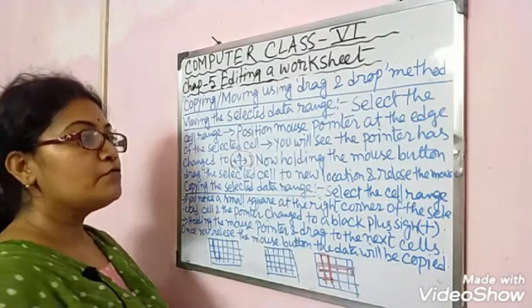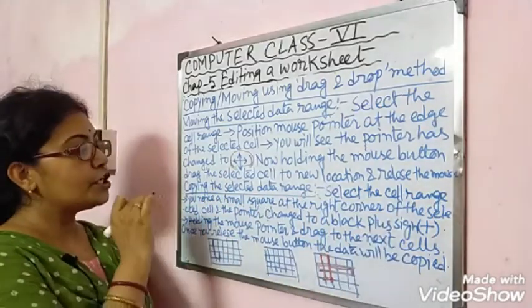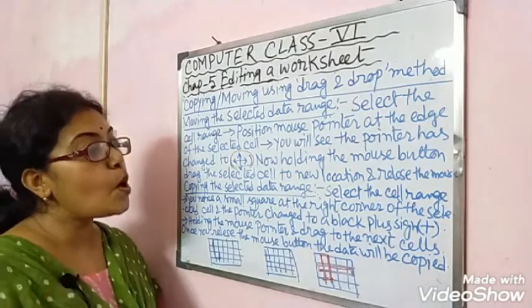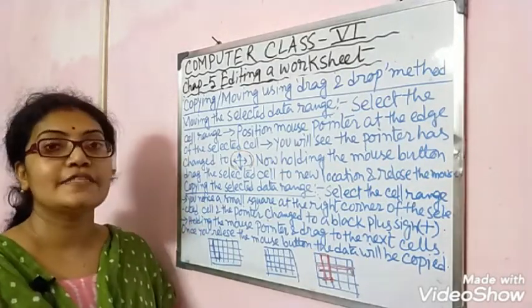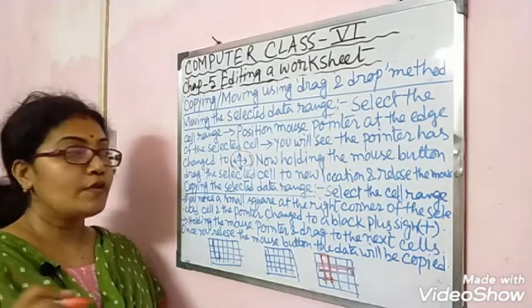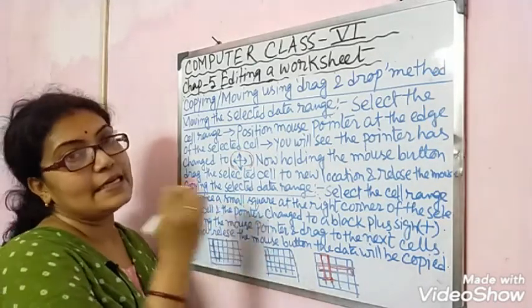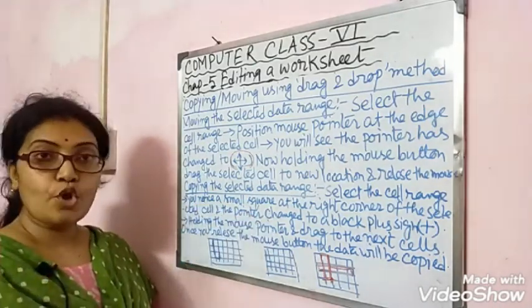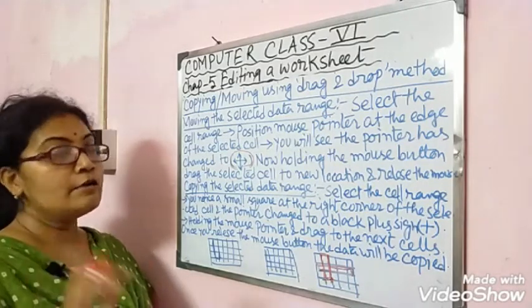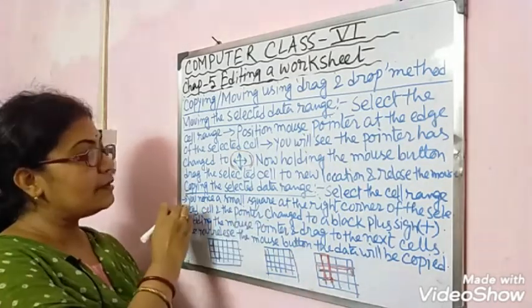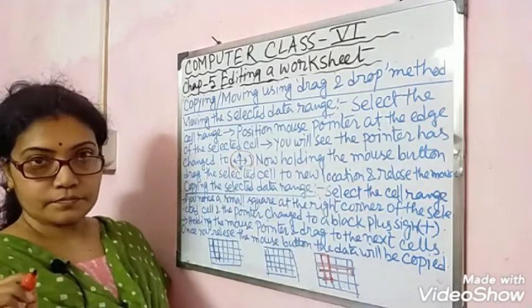Same way, first select the cell range. You will notice a small square at the right corner of the selected cell. When you want to copy data, first you have to select the cell range.